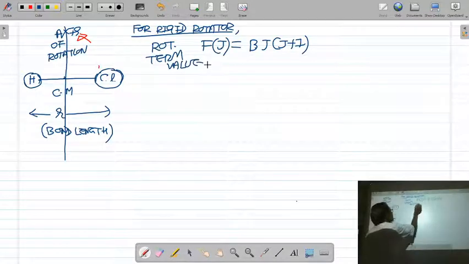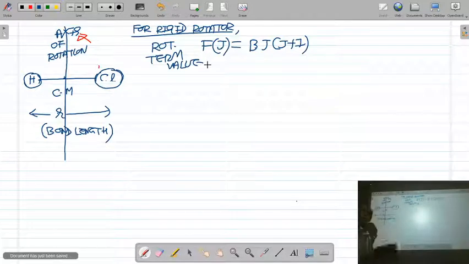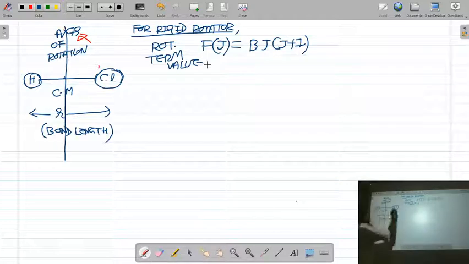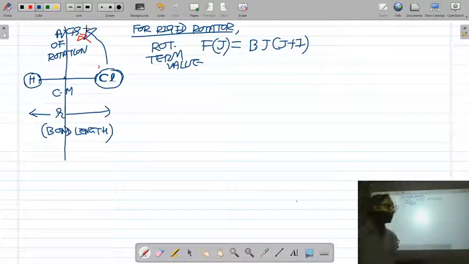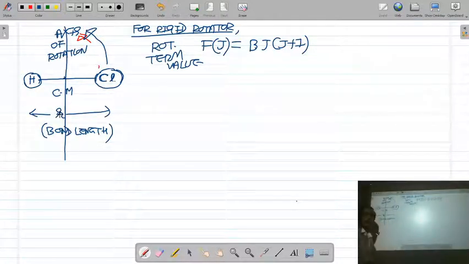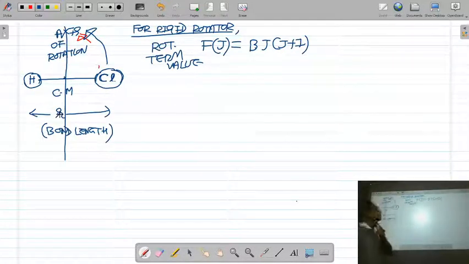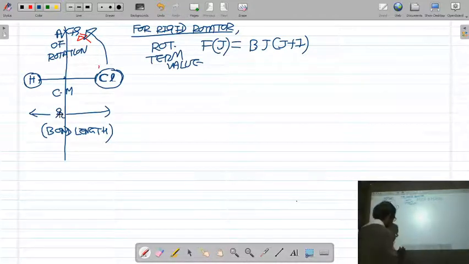Now here we have seen that our molecule is not perfectly rigid, because when the molecule is rotating about an axis, due to the centrifugal force the molecule is stretching, the bond length R increases, and it increases with increasing rotation of the molecule. So for a non-rigid rotator, there is a change in the term value. So we write the equation for a non-rigid rotator.